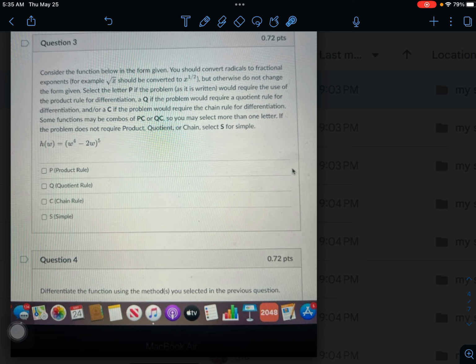The chain rule is when you have composite functions. Composite functions are when you put one function inside of another function. Okay, so chain rule is used on composite functions, and composite functions are when you put one function inside of another function. So to show you what that means, let's look at this function right here.